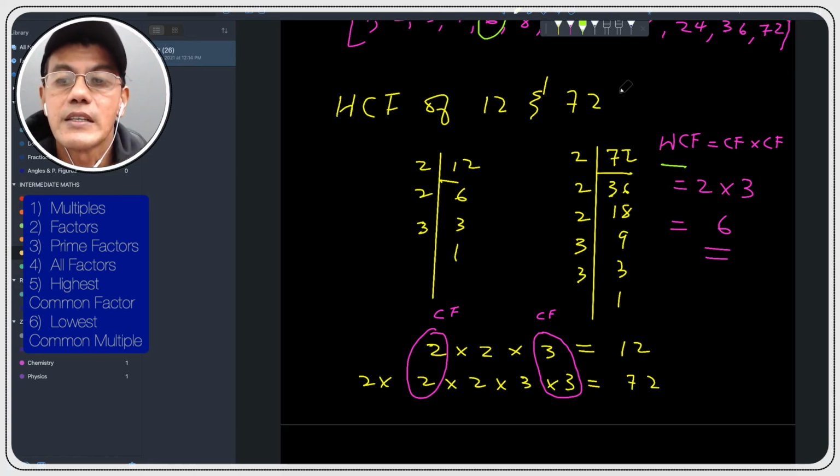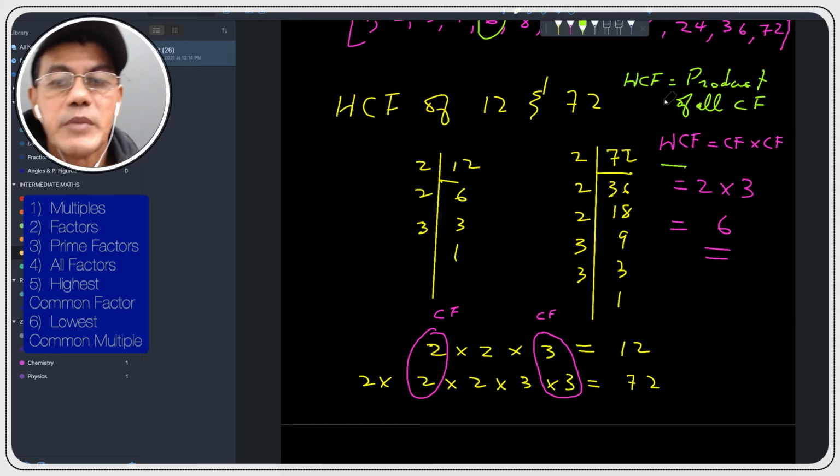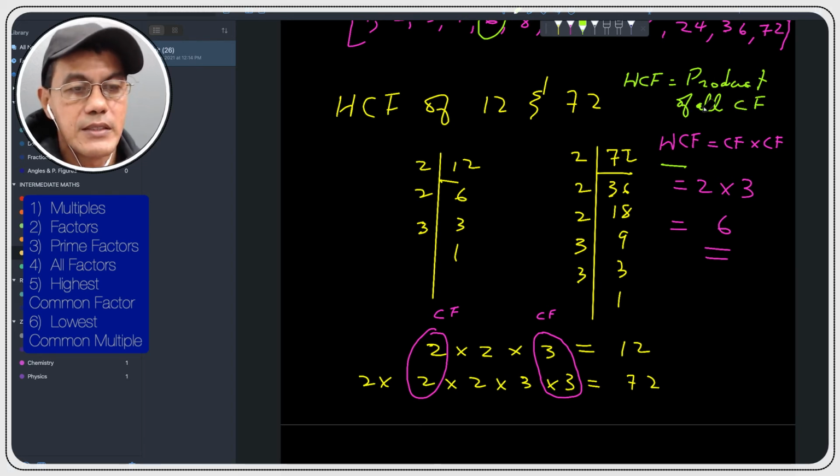The highest common factor is equal to the product of all common factors. All right, so this is your method. I showed you a method on how to do this.